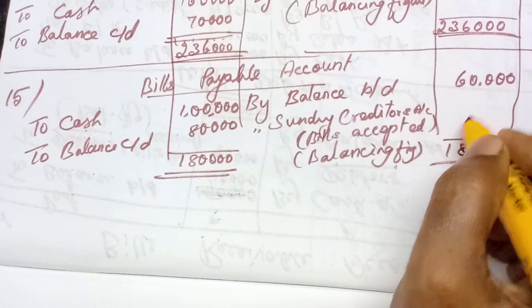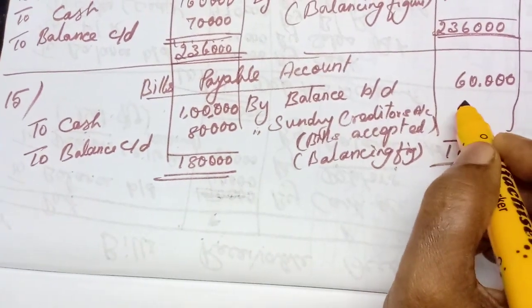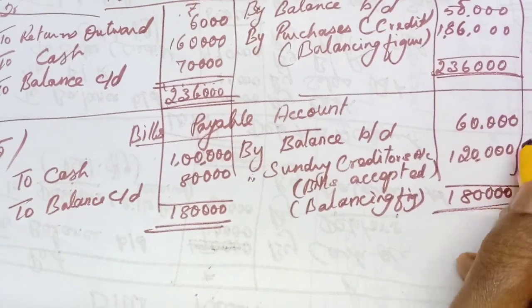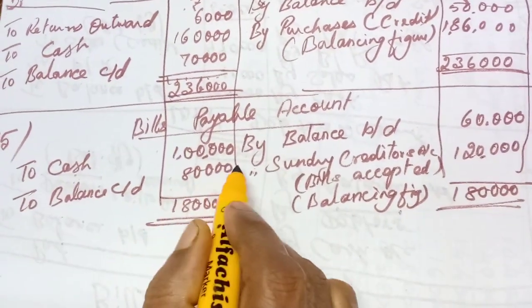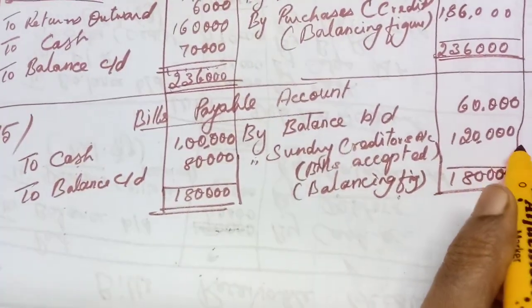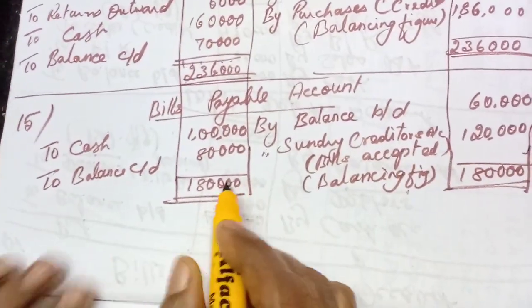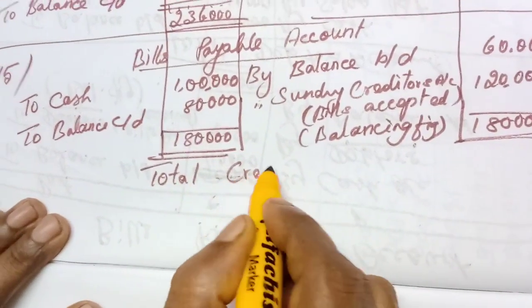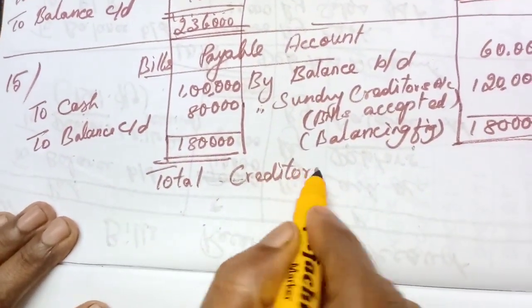So now 1,80,000, so the balance will be 1,20,000. With the help of this bills payable and all the particulars given in the problem, we have to prepare the total creditors account.